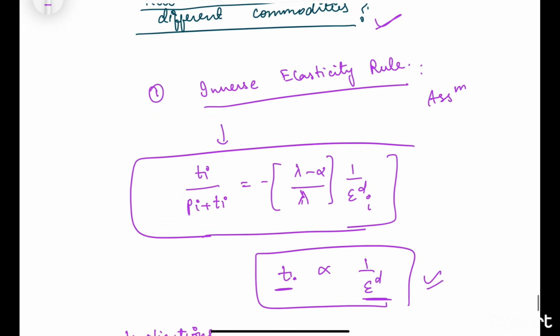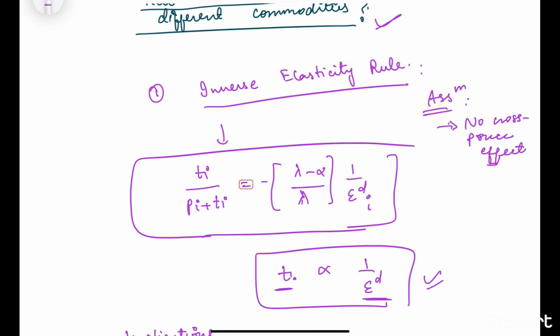And one assumption that we are taking here is that there is no cross price effect. No cross price effect means we are not considering cross price elasticity, how the price of one good is affecting the other good. We are concerned with one good only.